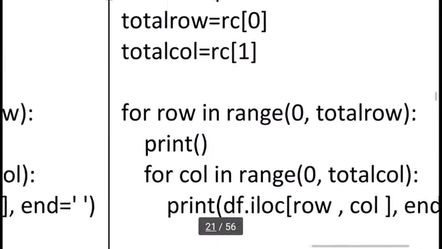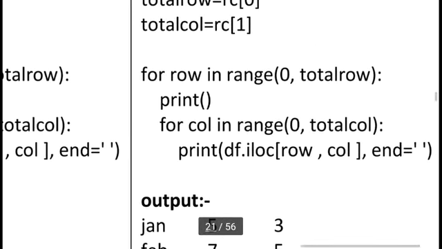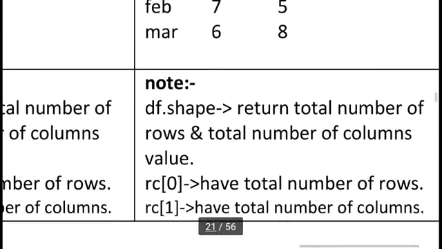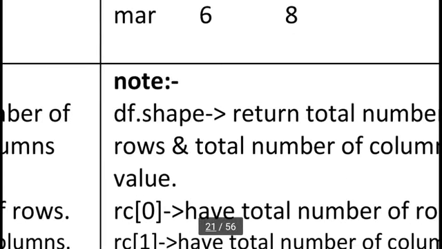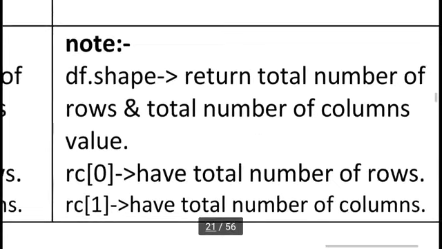The same example you can copy and paste here. It will return each and every value. The outer loop controls the total rows and the inner loop controls all columns of a particular row. So you can see I already mentioned df.shape will return total rows and total columns.